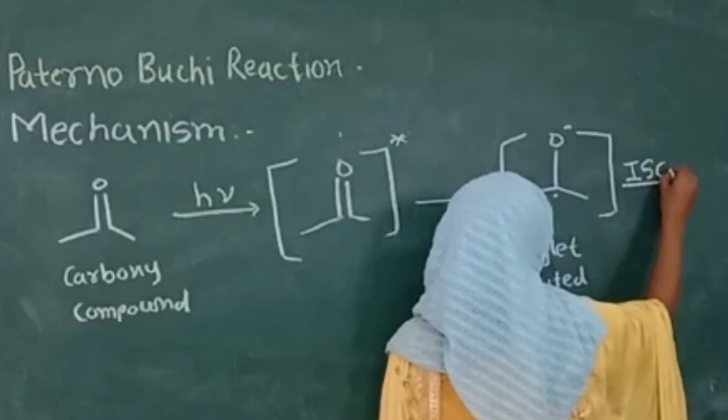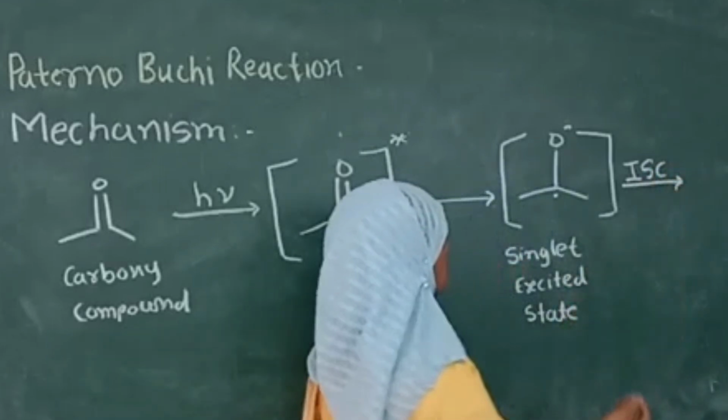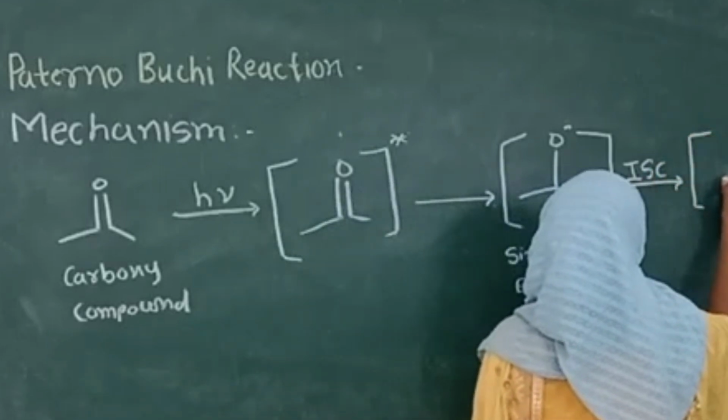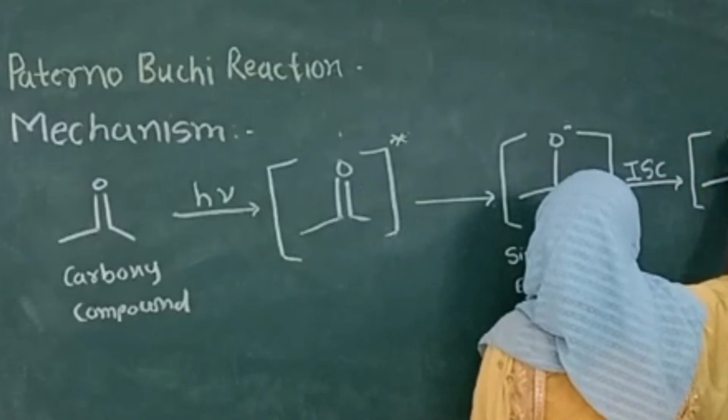Then intersystem crossing, in which it goes to the triplet excited state.